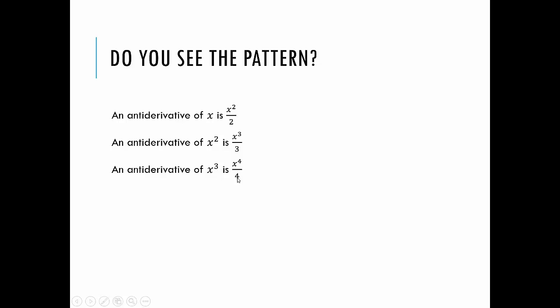What's happening when we took derivatives, we subtracted 1 from the exponent. Well, when we're working backwards with antiderivatives, if you notice, we're adding 1 to the exponent, and then whatever the new exponent becomes, that becomes our denominator. Okay, so hopefully you can see that here, but this is going to be the formula that we're going to use.